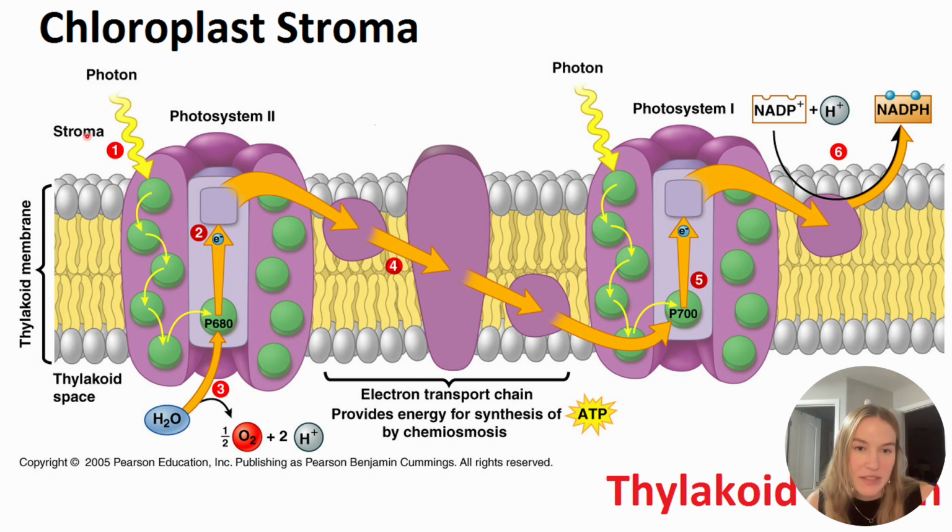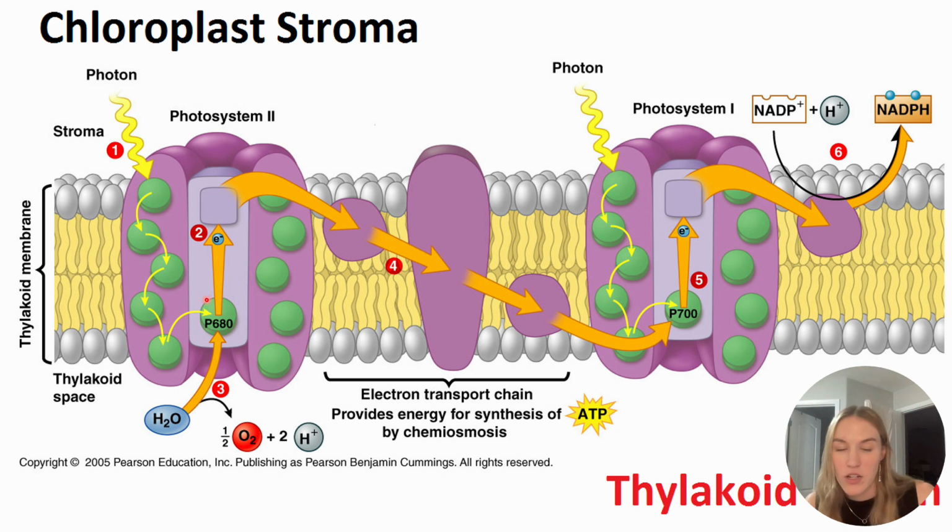First thing that happens, light is going to hit the light harvesting complex at photosystem 2. This light harvesting complex is going to pass this energy from chlorophyll molecule to chlorophyll molecule, just like we see here with these yellow arrows. It is eventually going to pass it to P680, where there is an electron waiting to be excited.